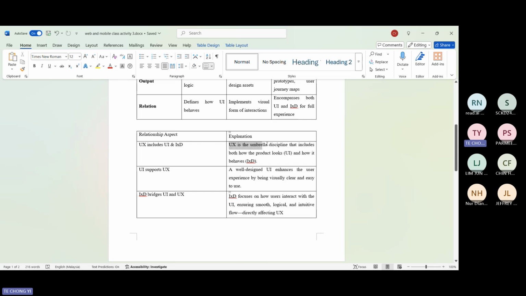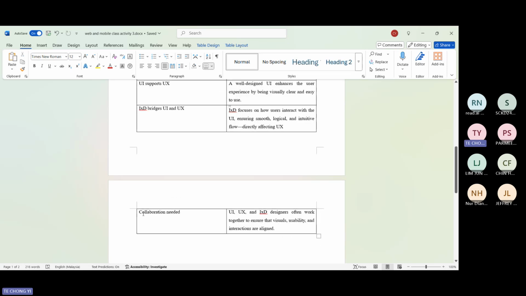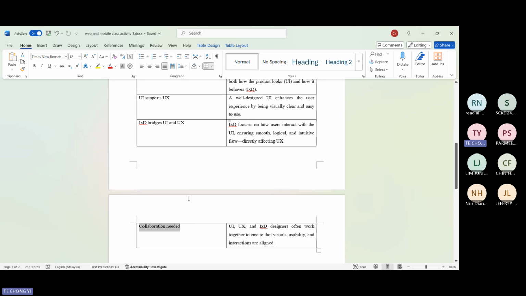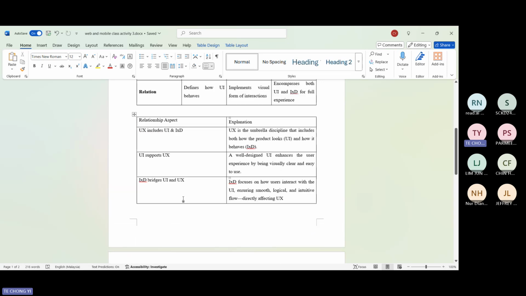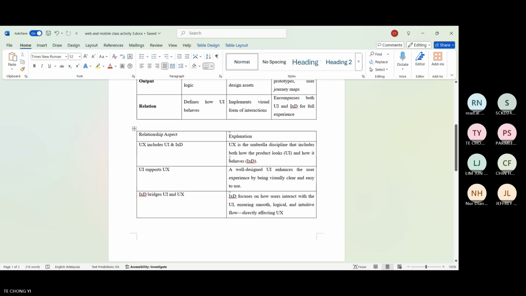UX is the umbrella, and then UI supports UX. IXD is the bridge between UI and UX. Oh, wait. Maybe like this.